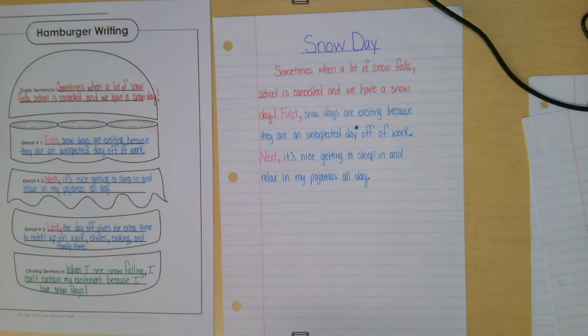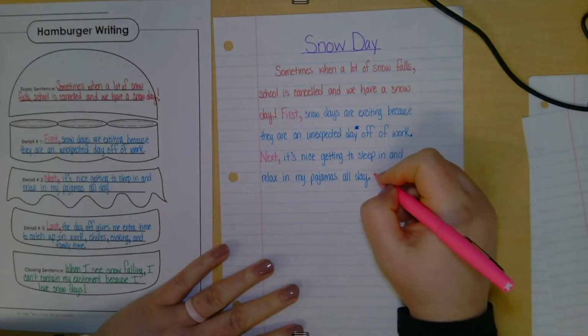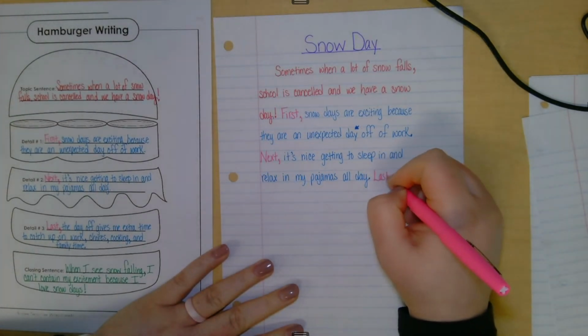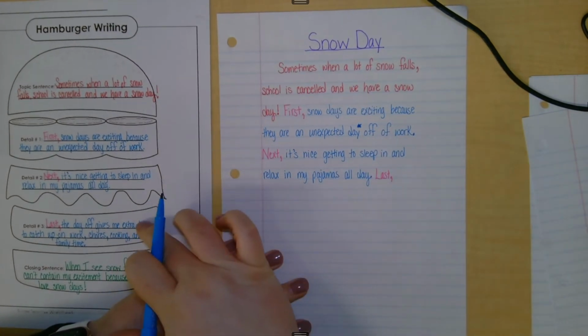Period. Okay, see how easy rough draft day is? All you're doing is copying. Last transition word and a comma. You don't have to use all these different colors. I just like to do it so you can see where I'm getting my info.